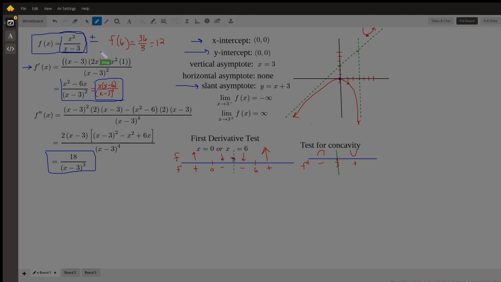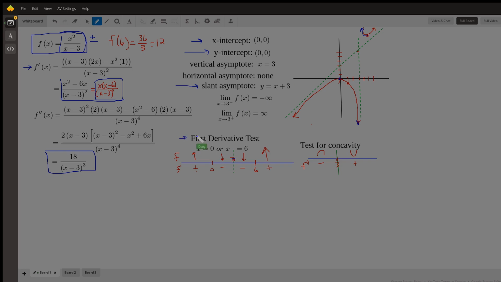So it's going to be approaching negative infinity. And similarly, from the right side, if we put numbers like 3.0001 in for x, we approach positive infinity.